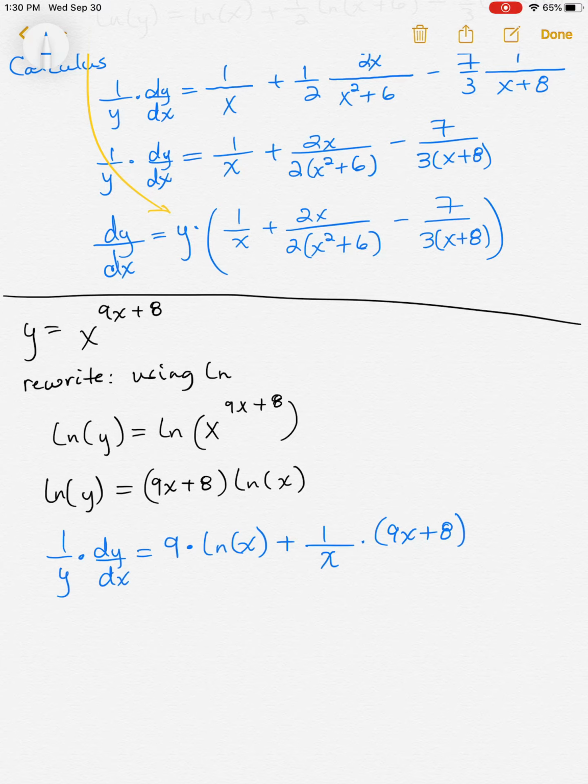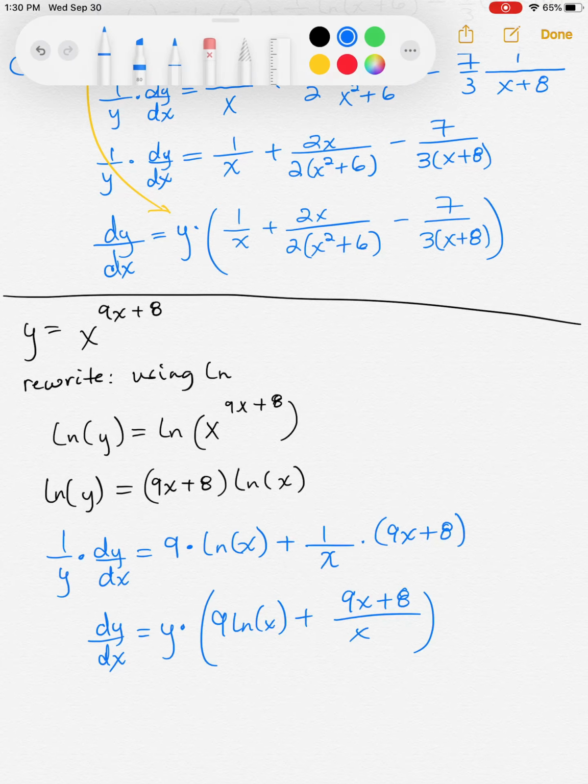Multiply each side by that y and you're out of here. Dy dx is equal to y times 9 natural log of x plus 9x plus 8 over x.